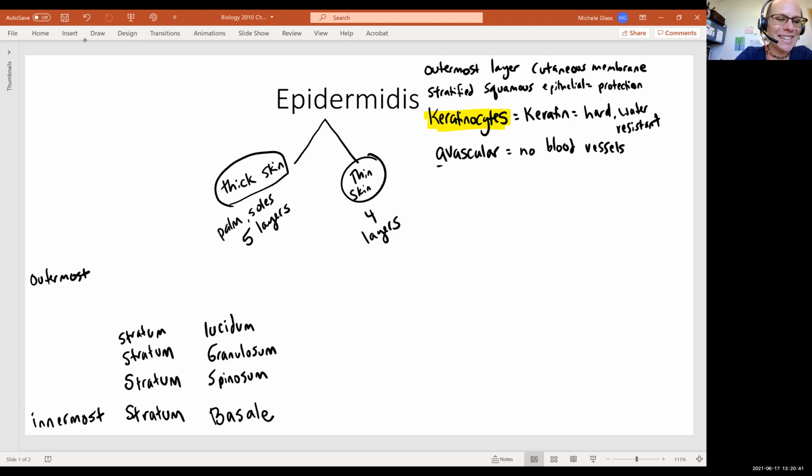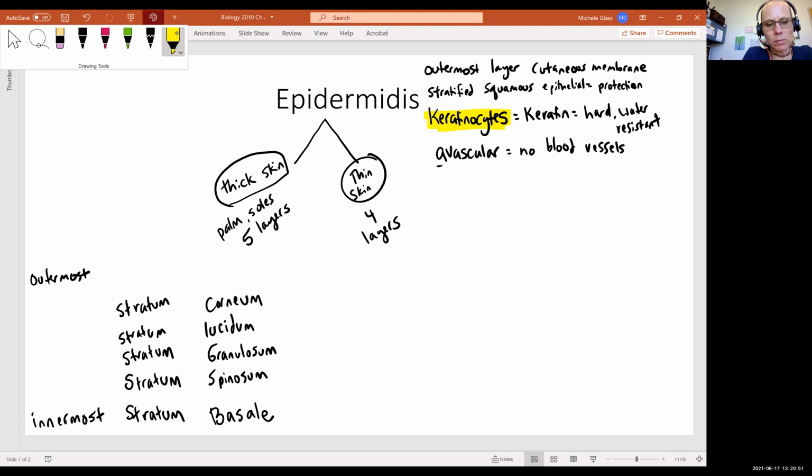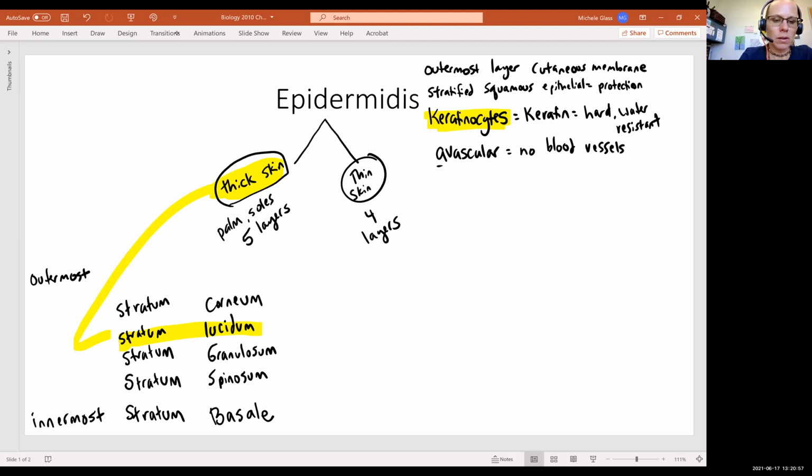Checking my spelling each time. And our outermost layer is the stratum corneum. And notice then that the stratum lucidum is that 5th layer that's found only in the thick skin. So everywhere else you have stratum basale, spinosum, granulosum, and corneum.